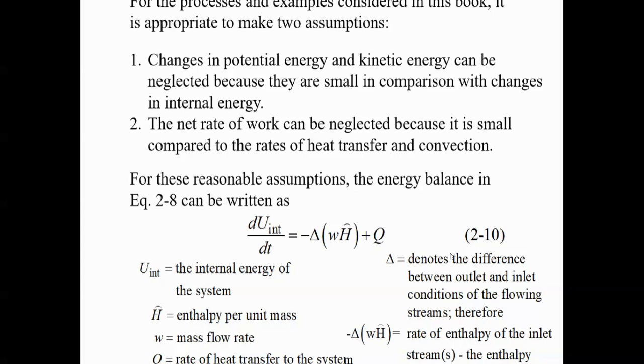The triangle denotes the difference between the outlet and inlet conditions of the flowing stream, and therefore minus delta w h bar equals the rate of enthalpy of the inlet stream minus the enthalpy of the outlet stream. It is there as a sum because it could be more than one stream, more than one inlet or outlet in this case.